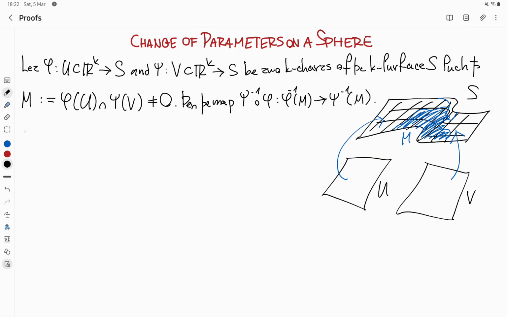And then this map is a diffeomorphism. In particular, it is smooth.